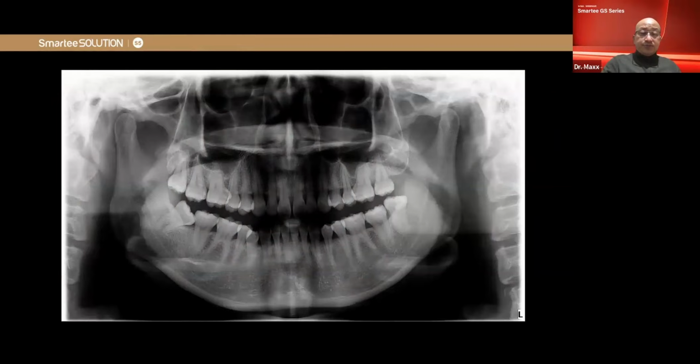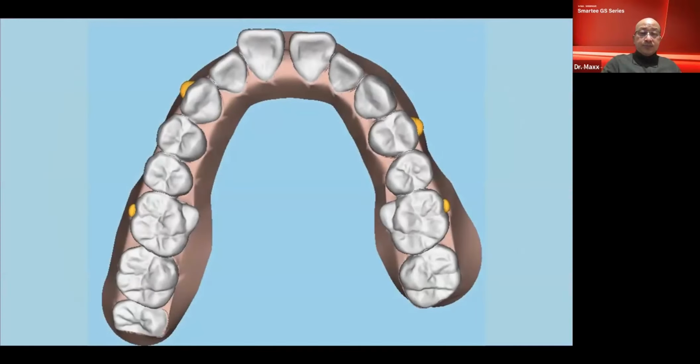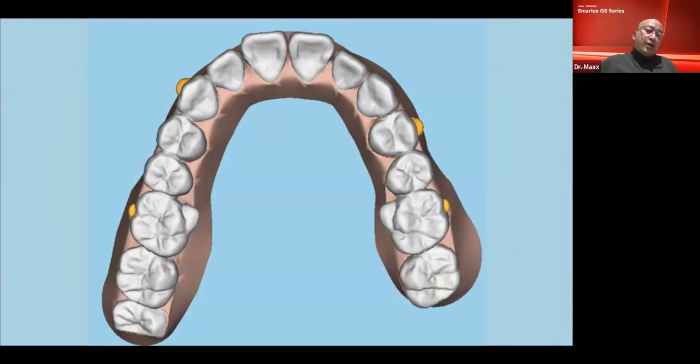This is the OPG. So that's the animation: proclination of the lateral incisors and the retroclination of the central incisors.